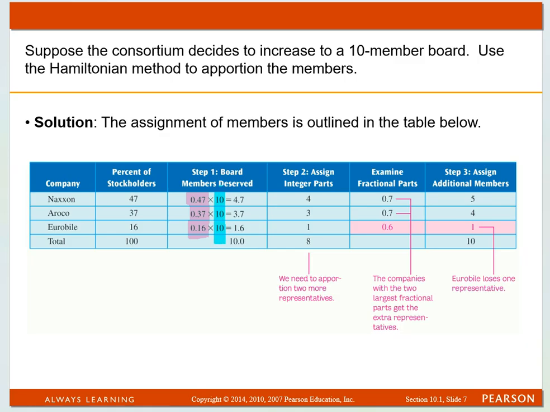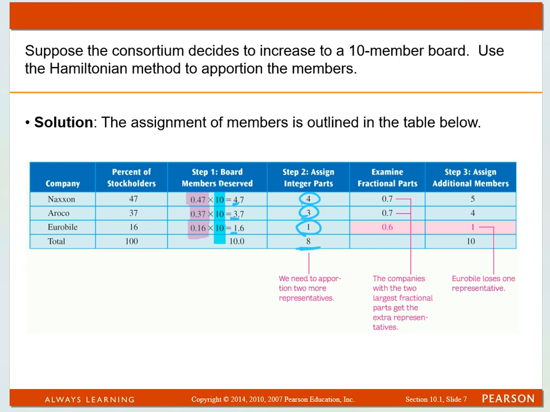So now you have to take their percentages times 10, and then when you look at them, Naxum gets 4, and then 3.7, so they get 3, and 1.6, so they get 1. But 4 and 3 and 1 adds up to 8.